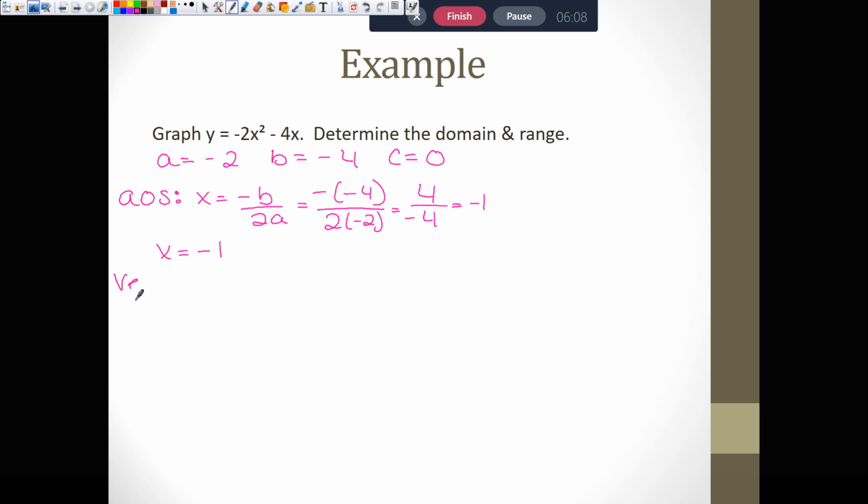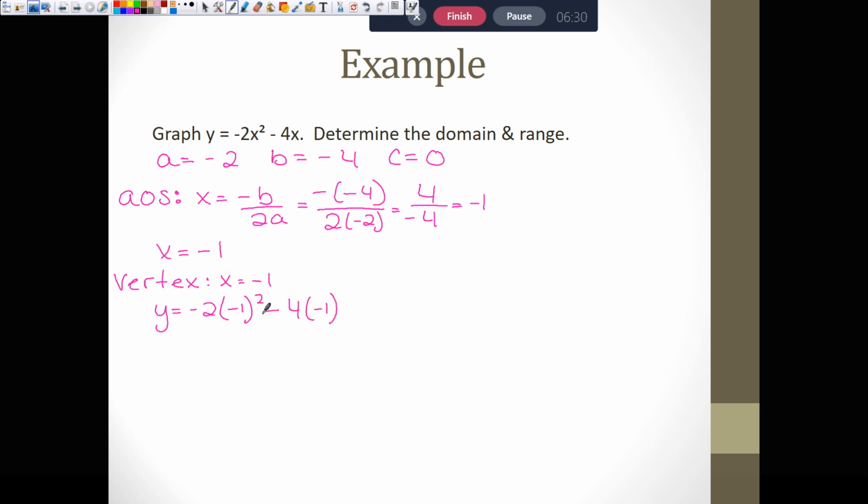So let's find our vertex. I'm going to substitute -1 into my equation. So y will equal -2 times (-1) squared, minus 4 times -1.